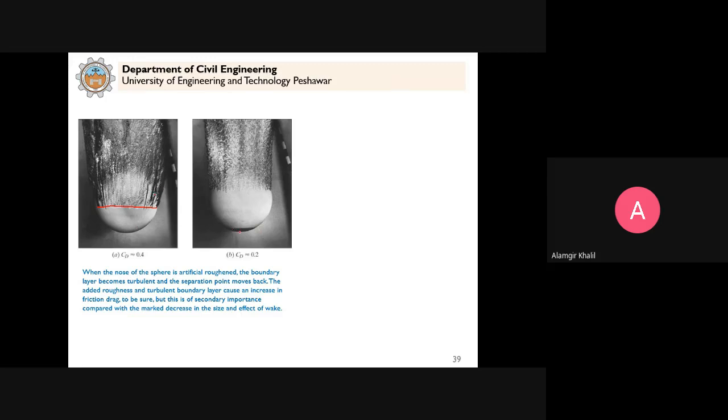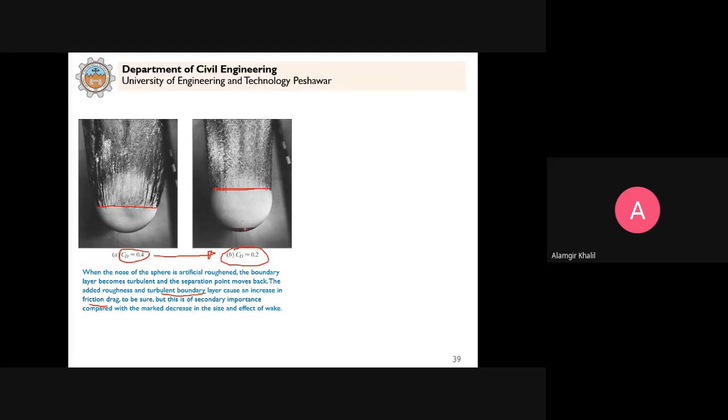But due to making the front surface rough artificially, of course it will increase the friction drag because you roughen the surface and make the boundary layer more turbulent. But you can see that this becomes secondary. The main important thing is this turbulent wake is pushed back. And when this turbulent wake is pushed back, the drag coefficient is reduced from 0.4 to 0.2. So it means this will move faster as compared to this.